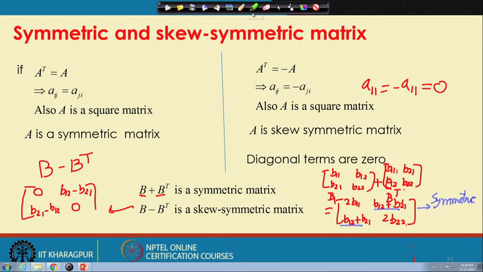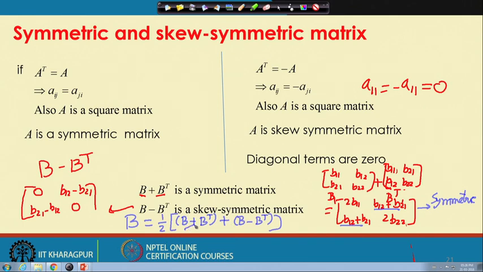So, generally if I have a matrix B, it can be decomposed into a symmetric part and a skew symmetric part, and this is written as half of B plus B transpose plus half of B minus B transpose.